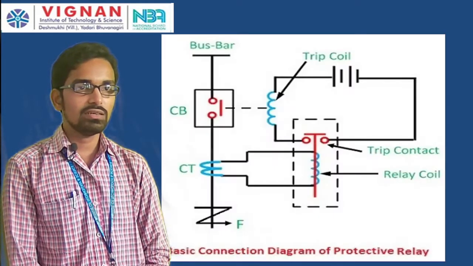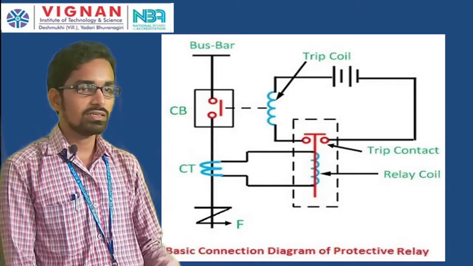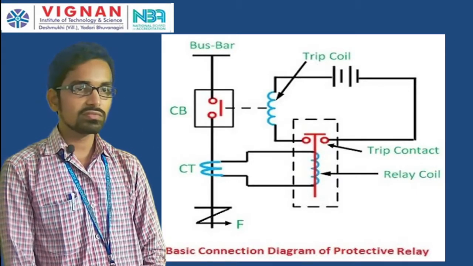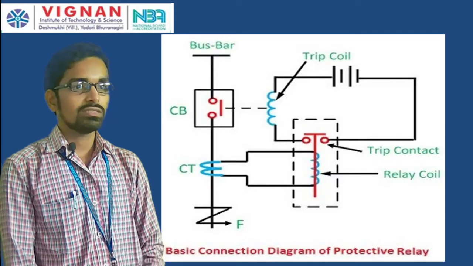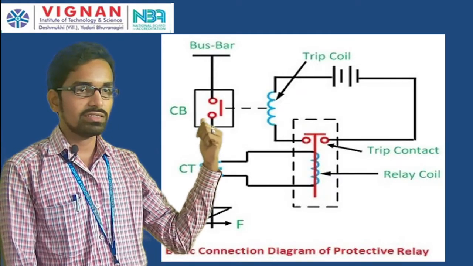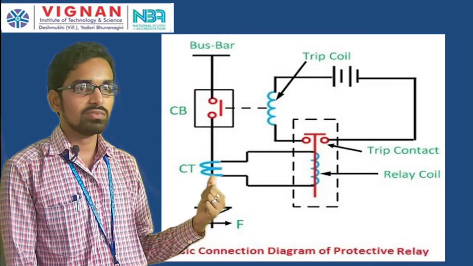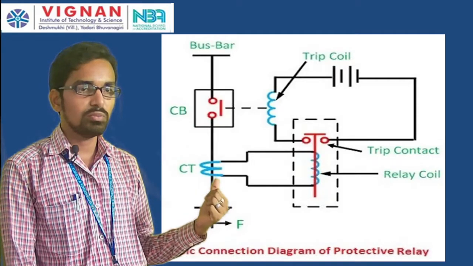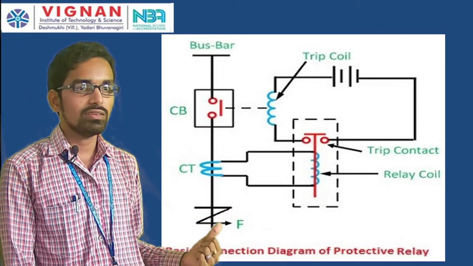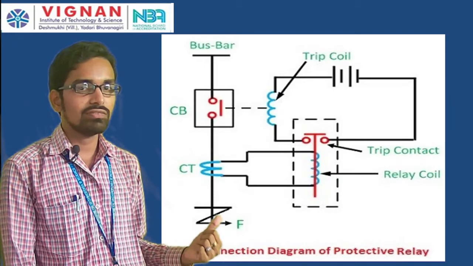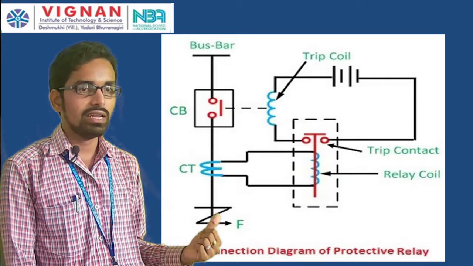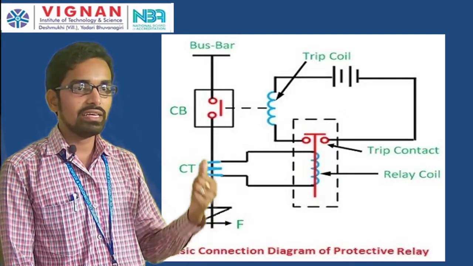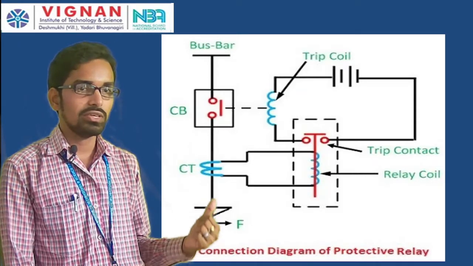If you see the circuit diagram of the basic protection system, it is this. Here we have connected the circuit breaker, and there is a current transformer which is connected in the line to be protected, and here is the fault. As we have the fault in the line, that line has to be provided protection.